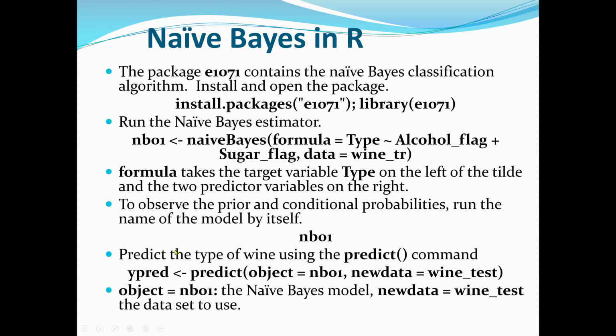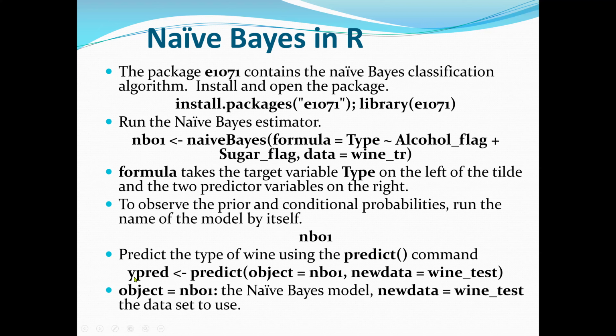Now, to observe the prior and conditional probability, we need to run the name of the model by itself. So here it is NB01. Remember, NB01 is our model. Now run the naive Bayes estimator. The model goes to NB01. Now we can predict the type of wine using the predict command, same as what we went through with the cat.